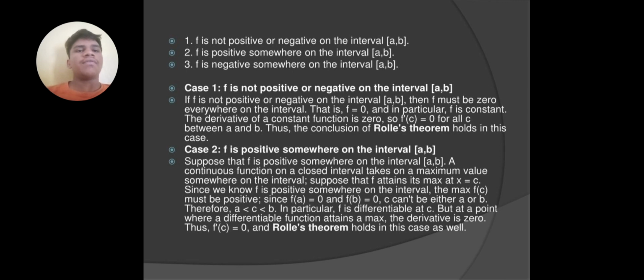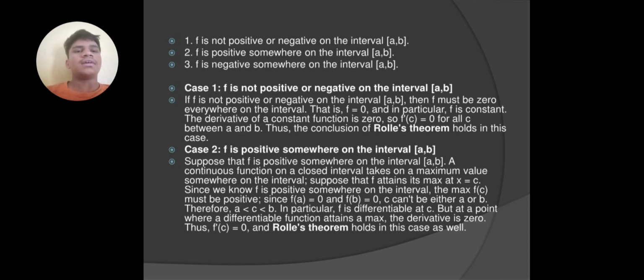The derivative of a constant function is 0. So f dash of c equals 0 for all c between a and b. Thus the conclusion of Rolle's theorem holds in this case. Therefore the first case is satisfied.